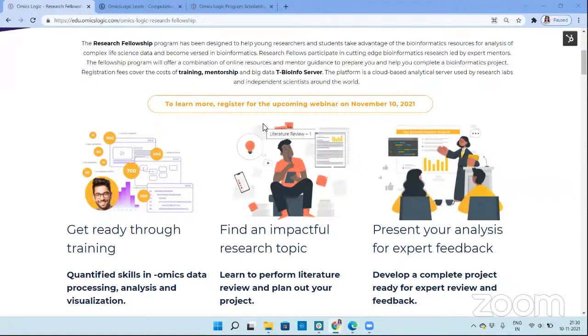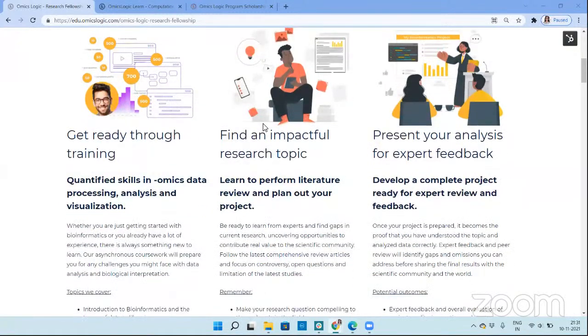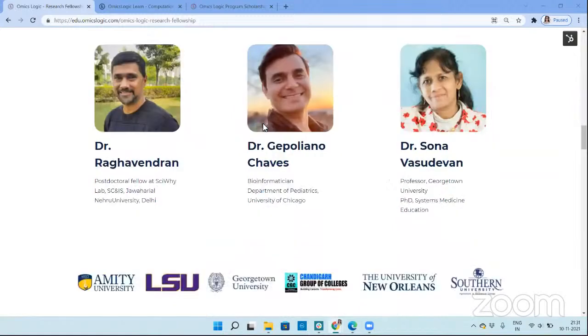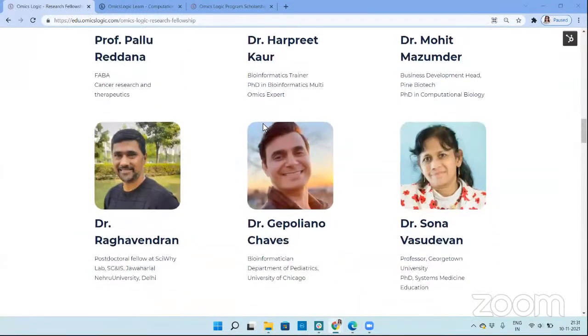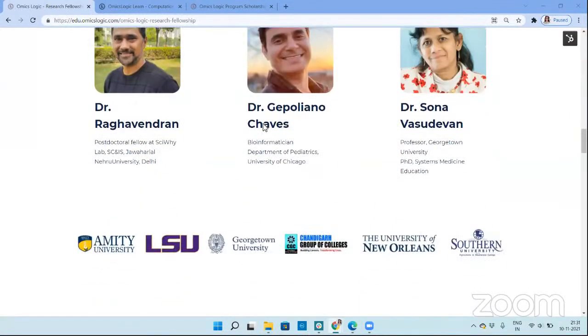The three major outcomes of the research fellowship program could be either a literature review, or presenting your research work in a poster presentation competition, and the third one is definitely publishing your research work in reputed journals. Here on the program page itself, you will get the details of all the mentors. You heard from some of the mentors today.